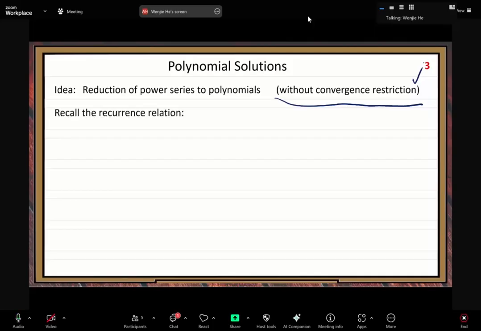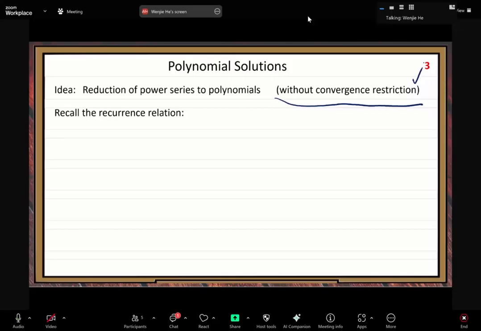Now, let us just look at the recurrence. We do not need to do anything; we just examine our old recurrence relation carefully. You can discover that it's actually a polynomial solution, not an infinite series solution.